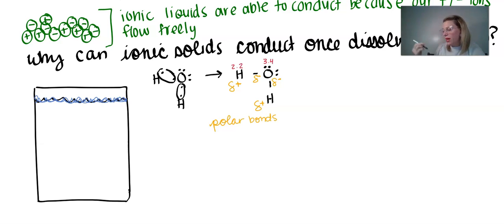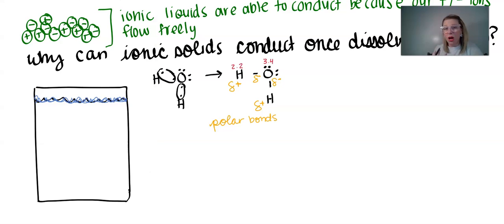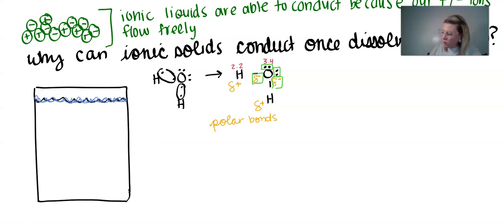that create the dipoles, which as a result of those dipoles, we then create a polar molecule, right? An overall unequal distribution of charge. So think of it this way. We have all of our negative, including our partial negatives, sitting to one side of our molecule, and all of our positives sitting to the other side of our molecule, right? So over here.